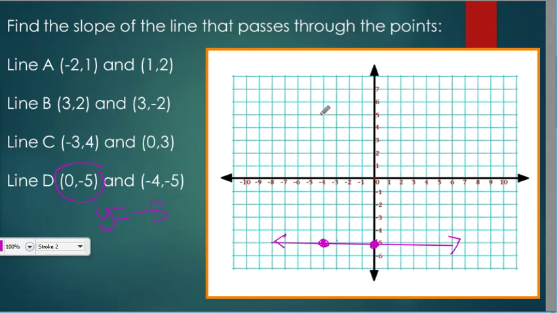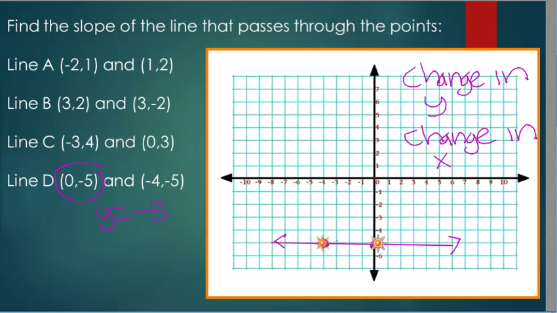If we want to find the slope of this line, we find the change in y first, and then we find the change in x. So from this point to this point, it looks like our change in y is 0. There is no vertical change at all.